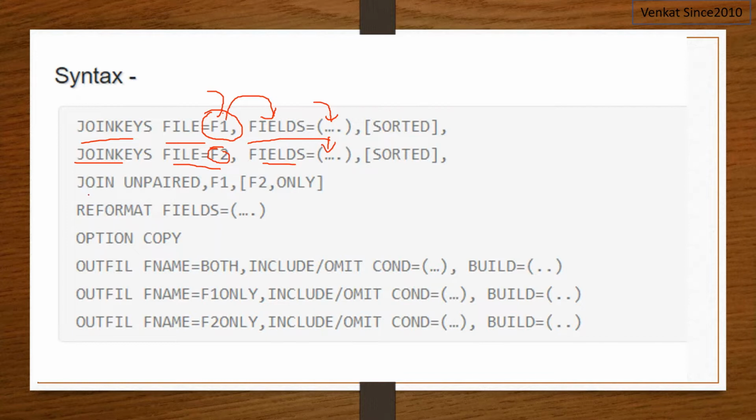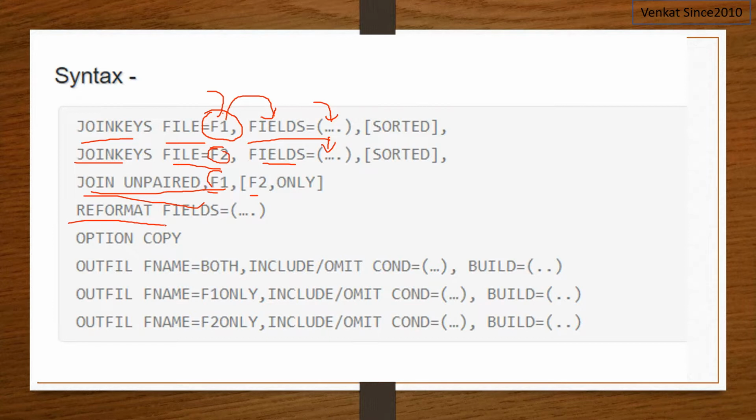Then JOIN UNPAIRED. You can write JOIN UNPAIRED alone, or JOIN UNPAIRED,F1 or F1,F2 or F2 only. This is the syntax. What is unpaired, what is F1, what is F2, we will see.